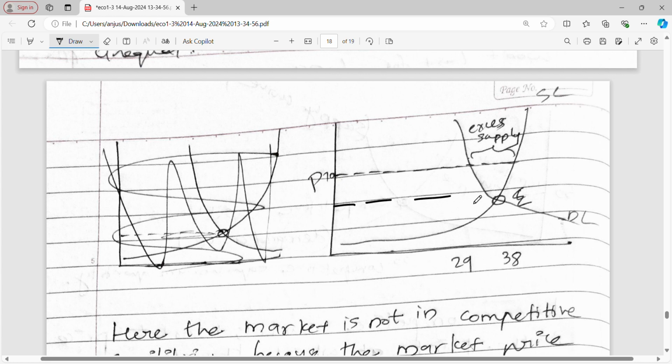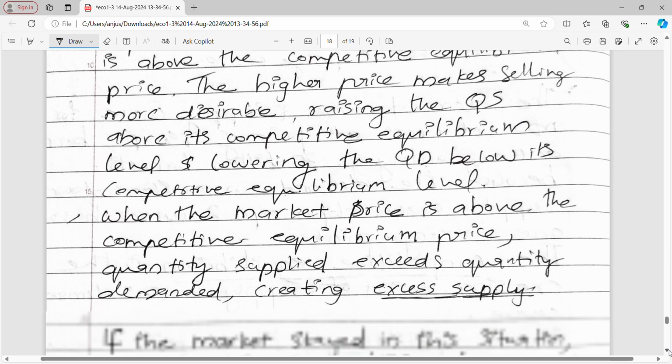Somewhere here is the price. So the supply will be reduced. Demand will stay as such, but supply will be reduced to this point. The market price will be reduced, so people will buy more. Okay.